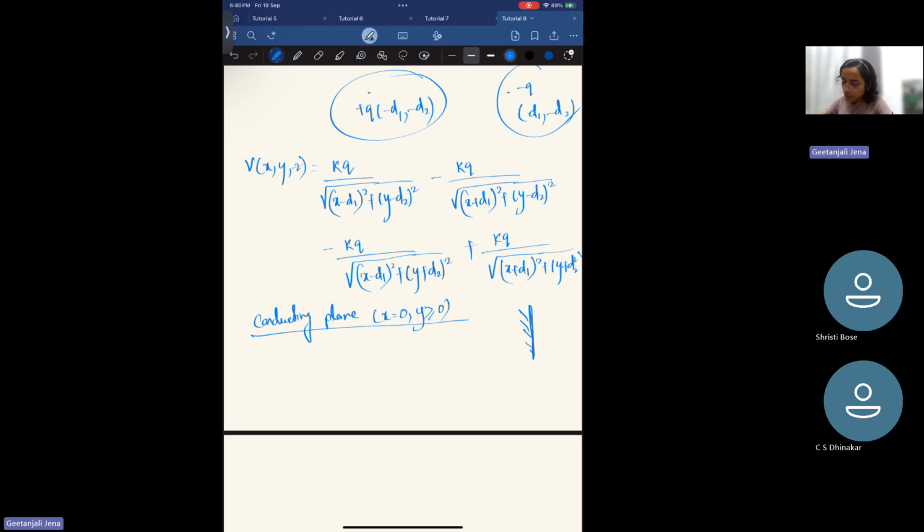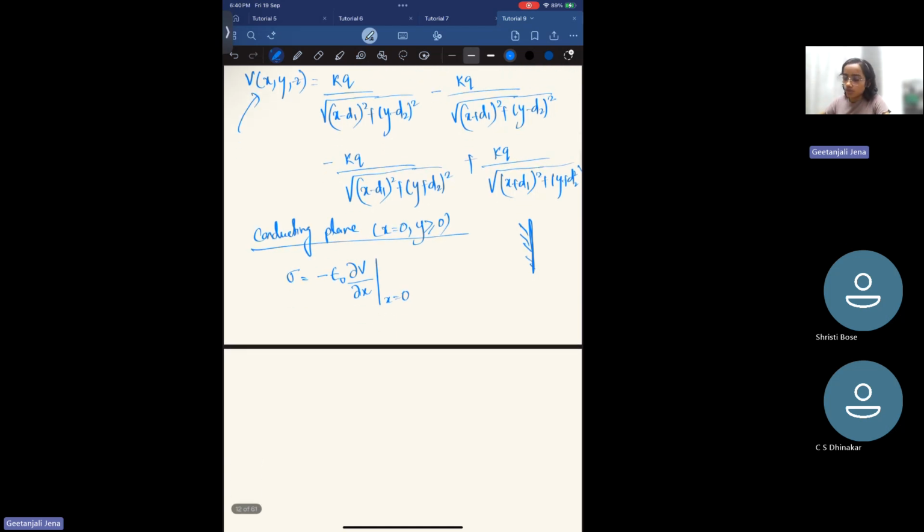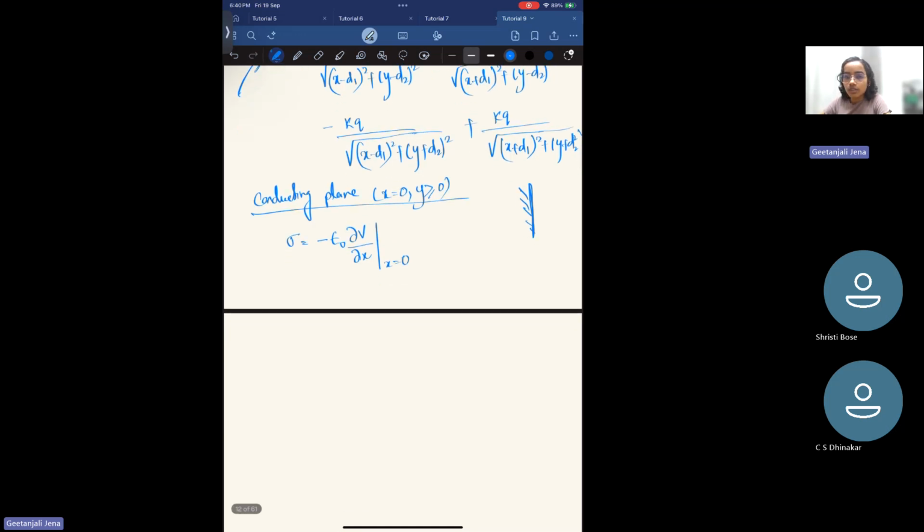For this, we have sigma equal to minus epsilon naught dV by dn, and the normal to this plane is along x, so dV by dx, where x is 0. We just need to take a derivative of V and put x equal to 0. Don't put x equal to 0 in the potential directly because it will give a wrong value. First take the derivative, and only after the derivative put the value of 0.